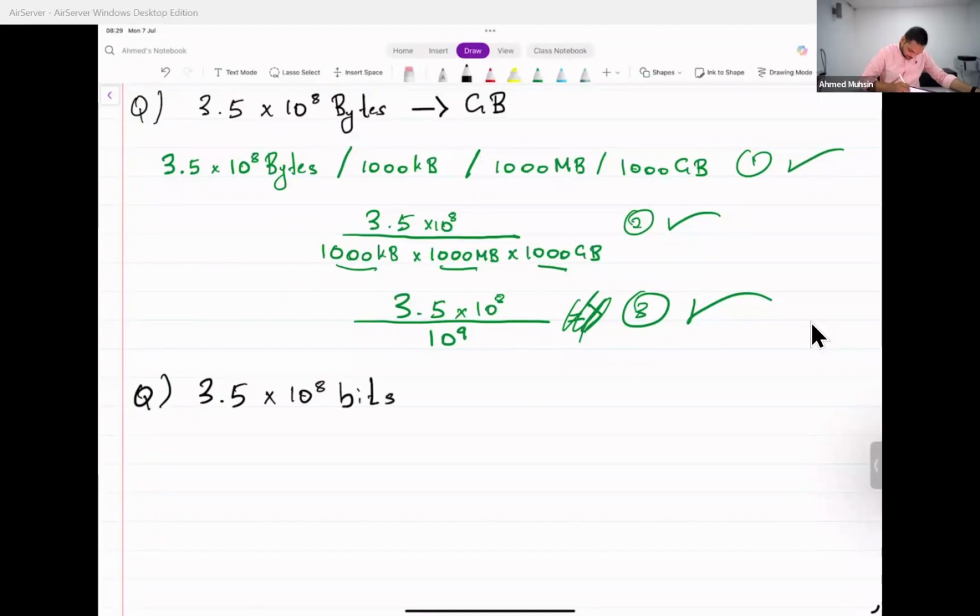Bits. I want the answer in gigabytes. What do we do over here? I'm starting from bits now. You guys know 8 bits is equal to 1 byte. There's some 8 involved now. Okay?